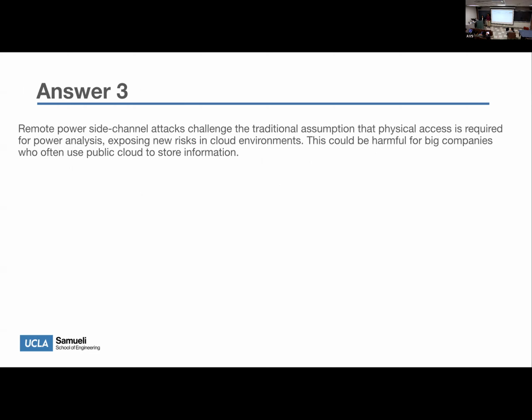As we previously said, this poses a lot of new risks in cloud environments, and it might be something that the industry standard needs to be changed for, because it could be harmful for big companies who use the public cloud to store information. And if it's a particular company that everybody uses, like Amazon, and an attacker is able to get in, you could be giving a lot of your information to somebody you don't want to give it to.